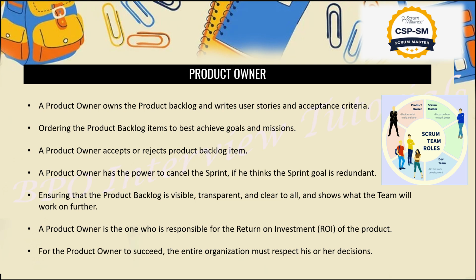Now the product owner is the one responsible for the return on investment of the product. Again, it's very important, the ROI. For the product owner to succeed, the entire organization must respect his or her decisions. The product owner is solely responsible for the entire product, so definitely we have to respect his or her decisions, guys.